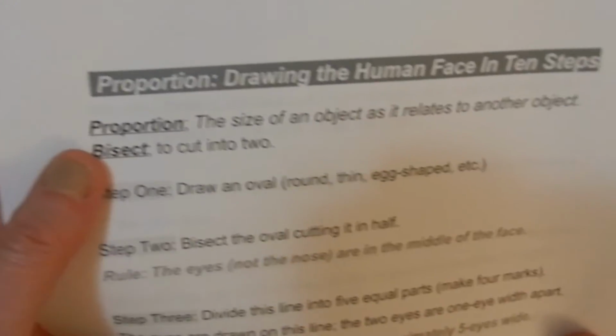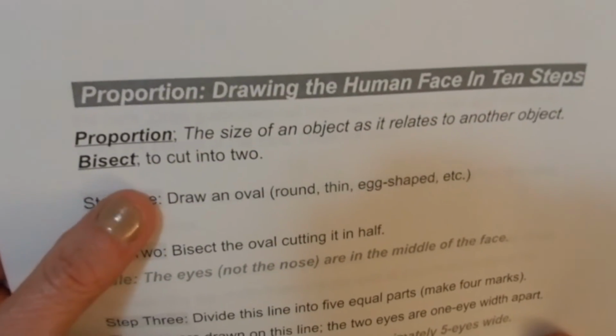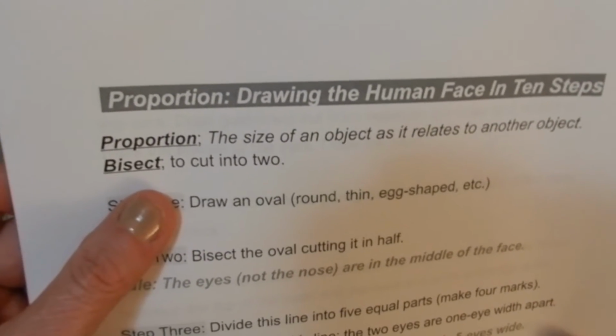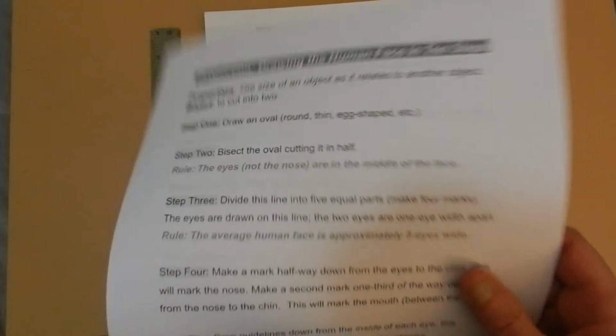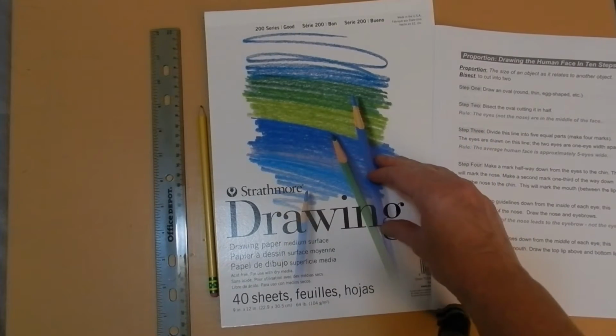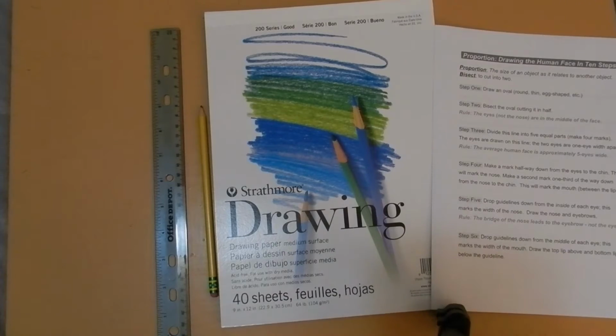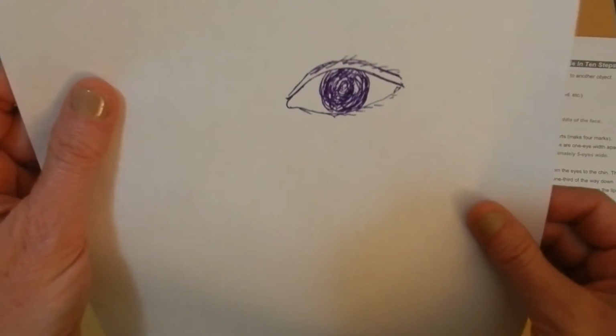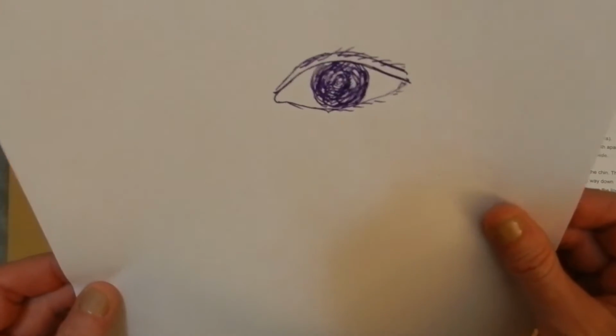So proportion is the size of an object as it relates to another object. In other words, you have to have at least two things to compare with one another to make sure something is in proportion. For example, if I have an eye, somebody might say, well, is that in proportion?